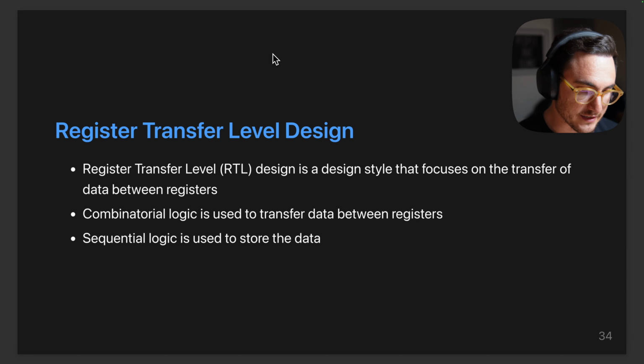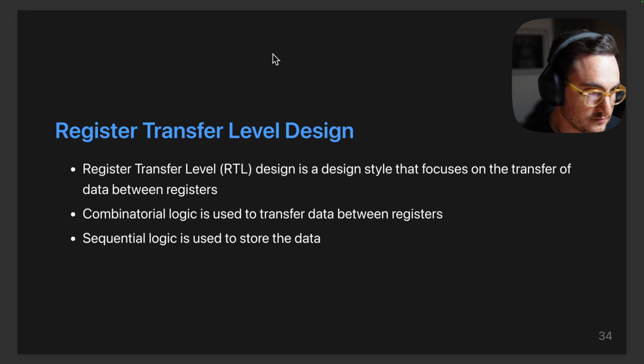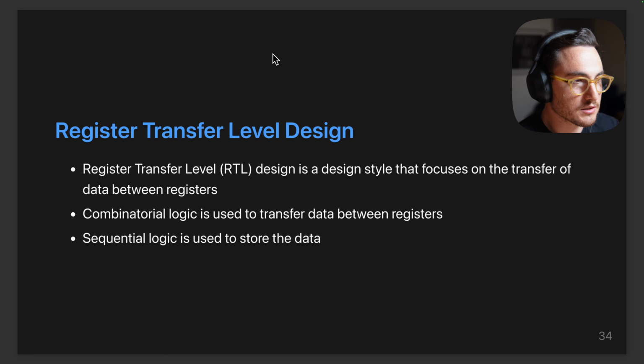We're going to define an instruction fetch stage, an instruction decode stage, multiple execution stages, and what happens between those flop stages is going to determine how our processor works. So it's a very neat and compact way of describing RTL, where the combinatorial logic is used to transfer and transform the data between registers, flops, register file, whatever you want to have. And sequential logic is used to store the data.